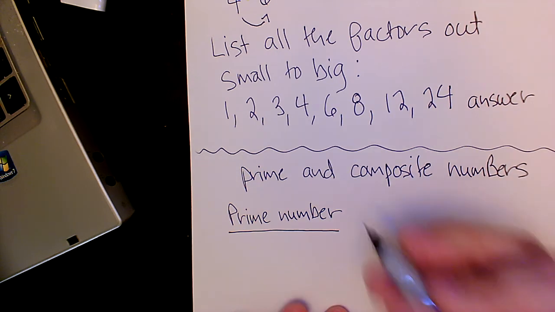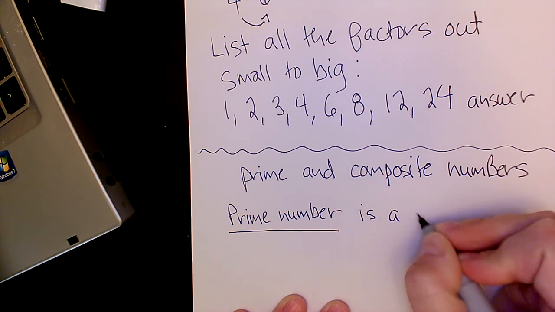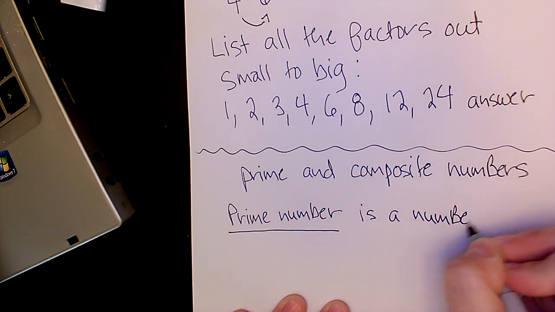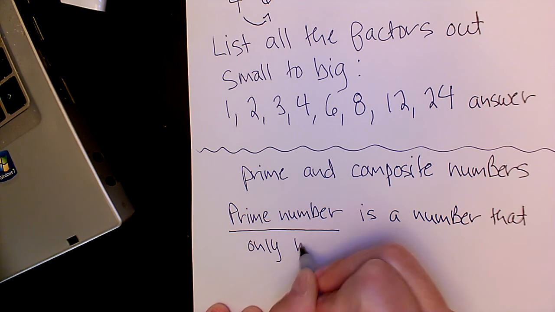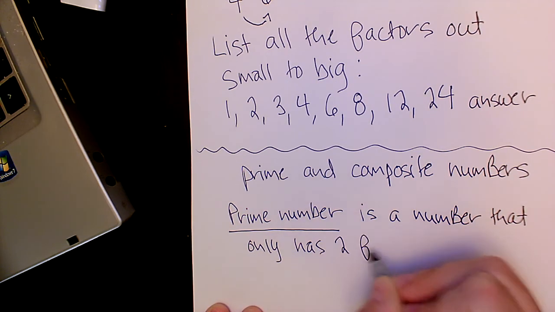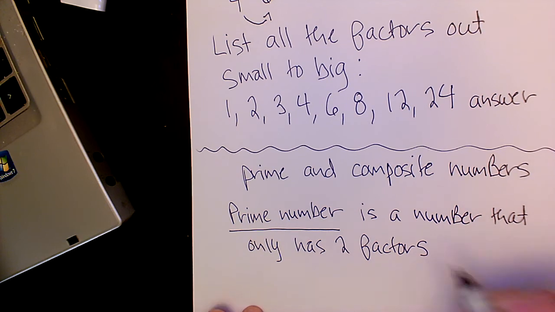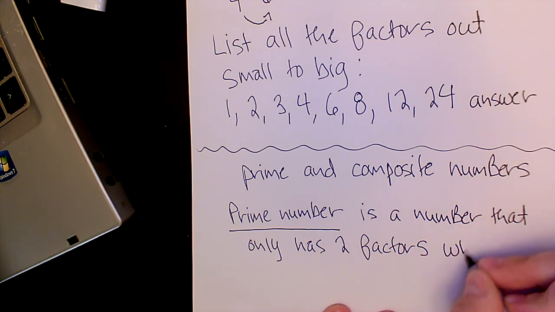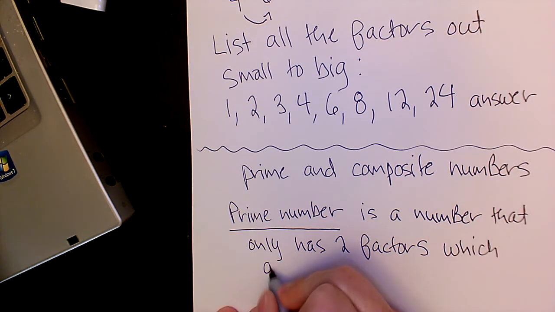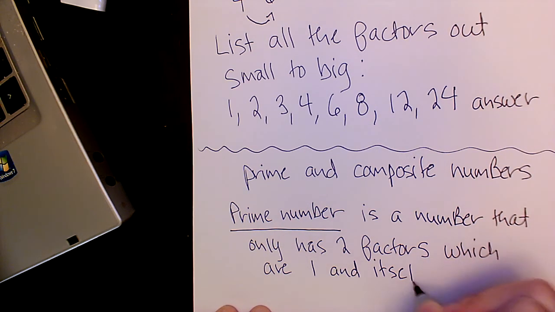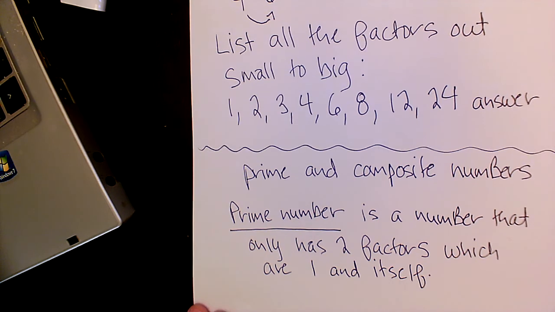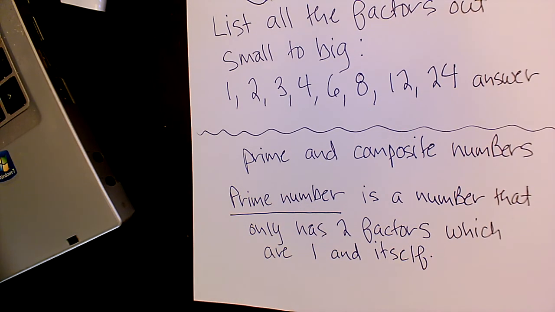Well, a prime number is a number that only has two factors, which are 1 and itself. So these prime numbers only have two factors, 1 and itself.